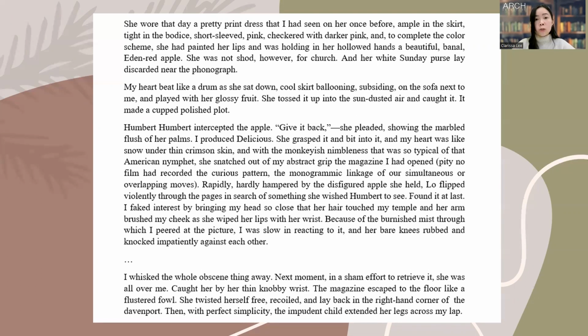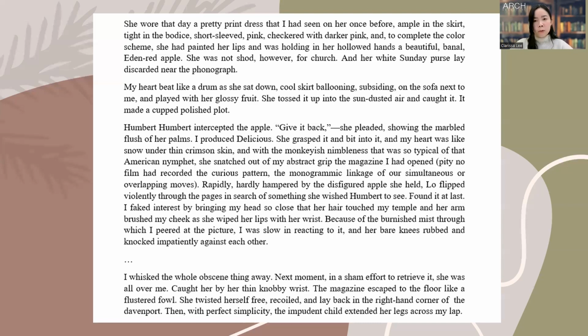So she wore that day a pretty print dress I had seen on her once before, ample in the skirt, tight in the bodice, short-sleeved, pink, checkered with darker pink, etc. She was not shod, however, for church. Her white Sunday purse lay discarded near the phonograph. And then he continues to go on about her skirt, and then he intercepts this apple that she's eating.